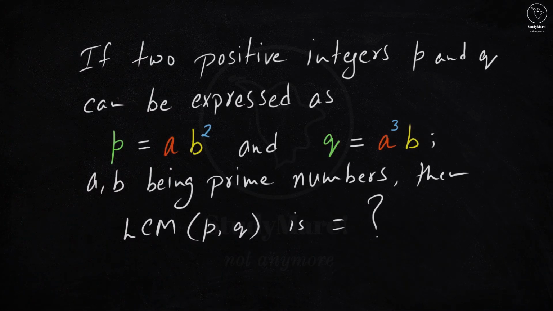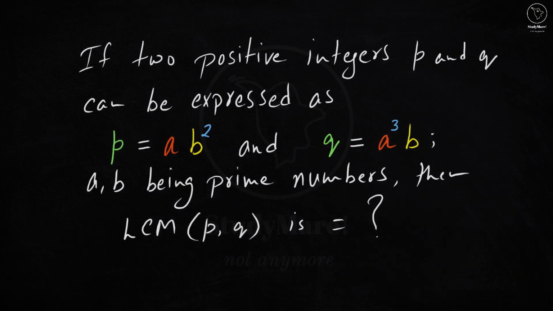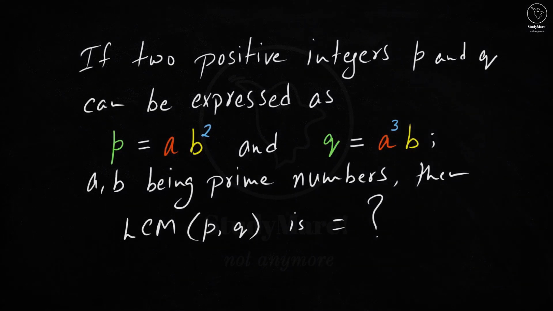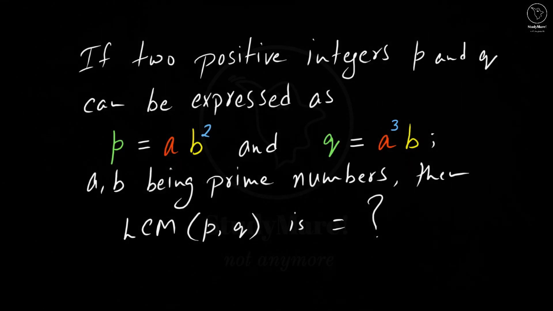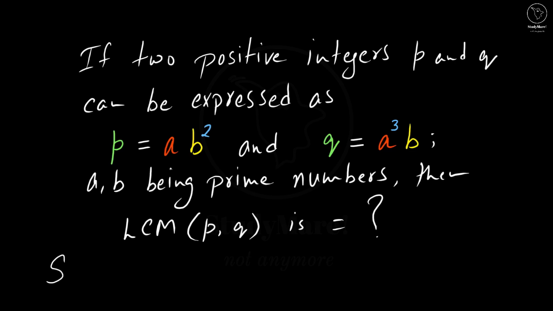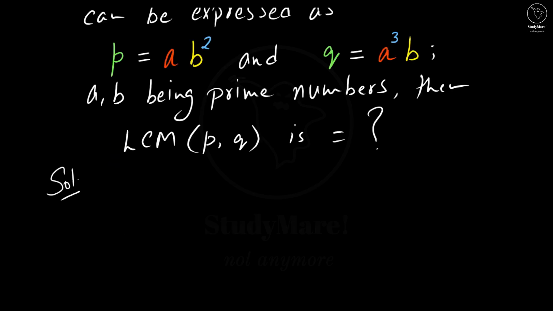And to find the LCM, we have again one rule that we need to remember and apply. That is the key to solve this question. So let's understand the rule, the concept that will help us find the solution of not only this but all other similar problems.